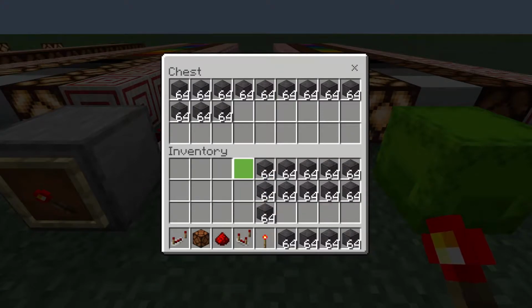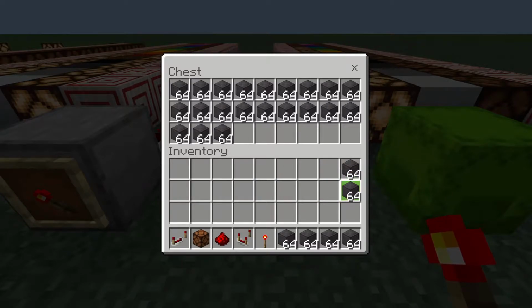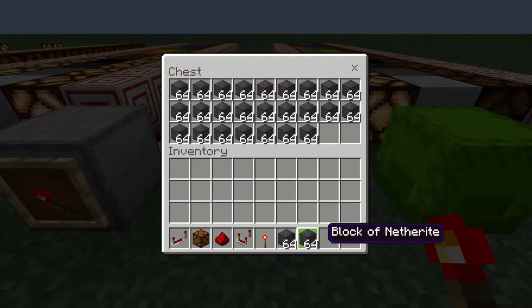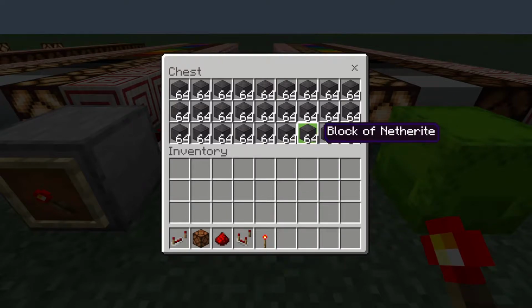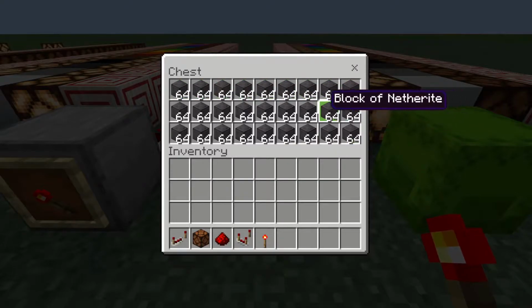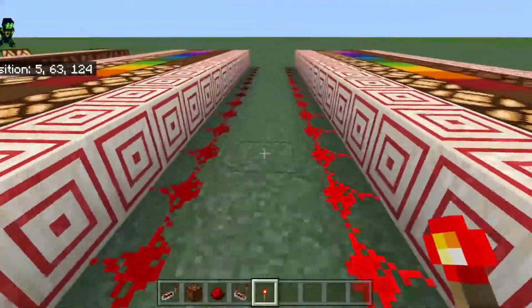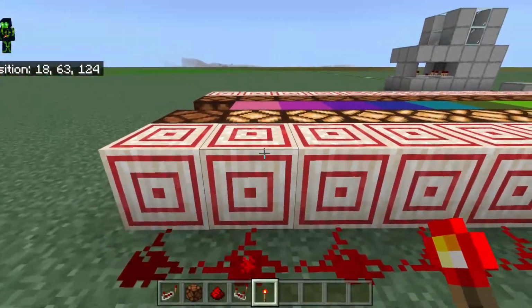It's going to be hard to see as it goes down there, but you can start to see it over the top of that window. It goes up as we add more items until we finally get it completely full, and it has to be completely full with 27 stacks or 27 non-stackable items, and it'll output a full signal of 15.